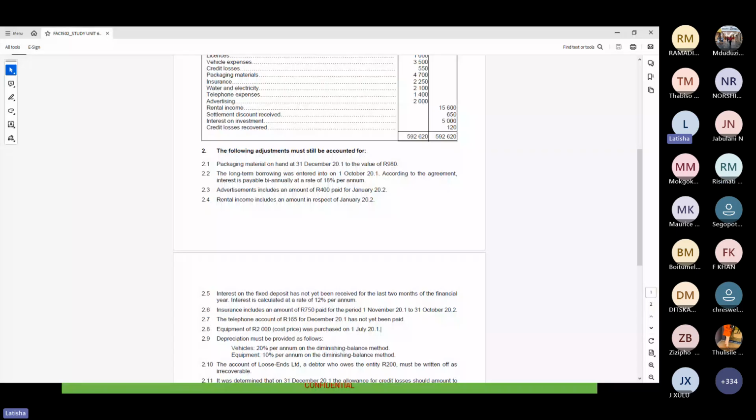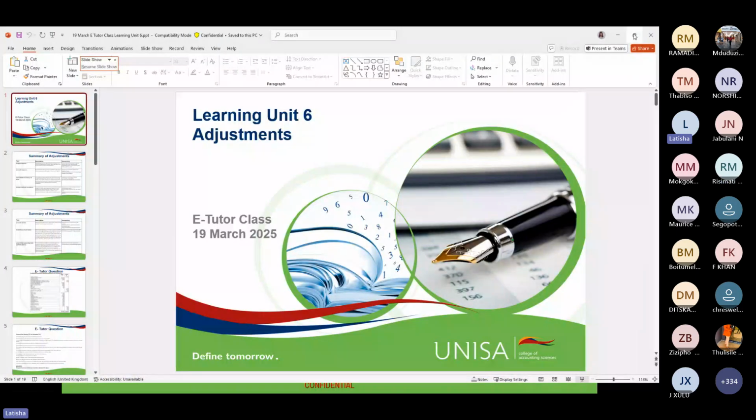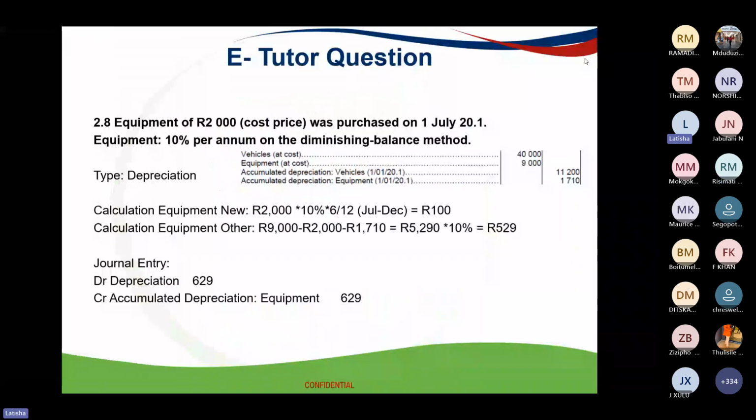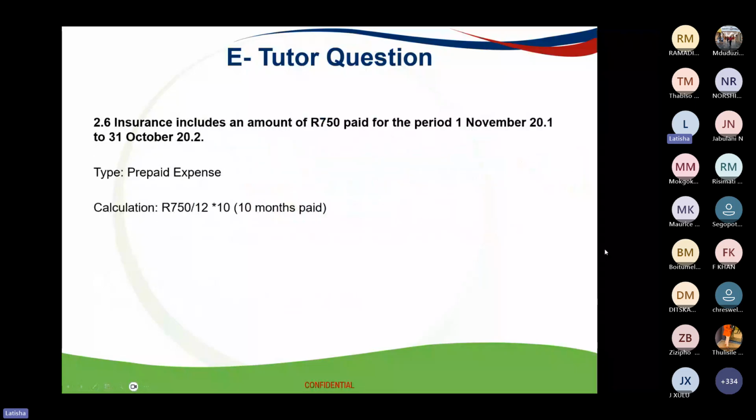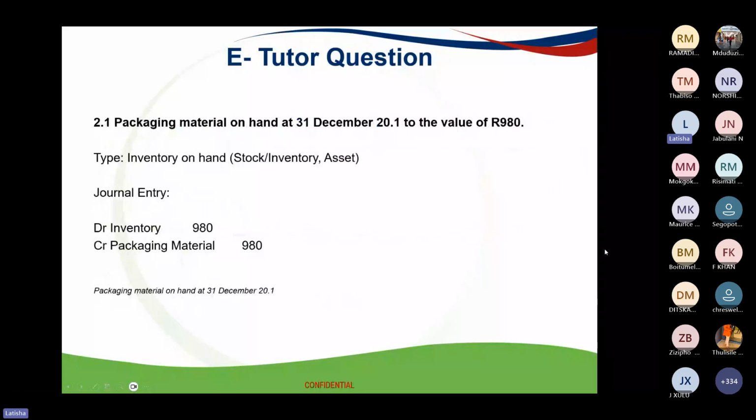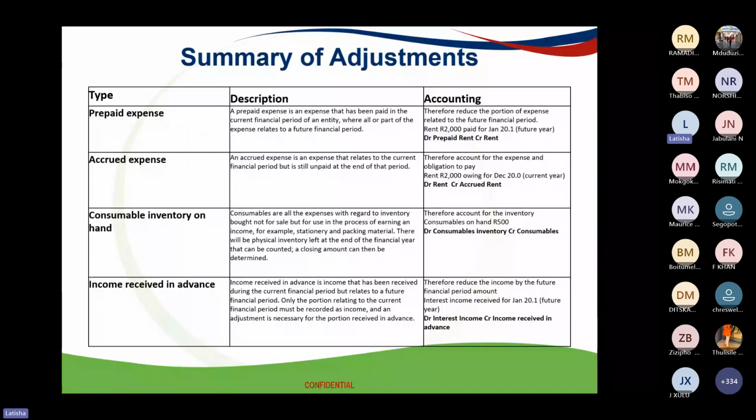Okay, that's a good question. I will maybe go back. Let me close this and go back to the first thing. So I think in the learning unit, if I go back to the first two slides, which actually explains them, this is, I think, the base and the starting point. So you are correct. A prepaid expense would be seen as something we've paid in advance.